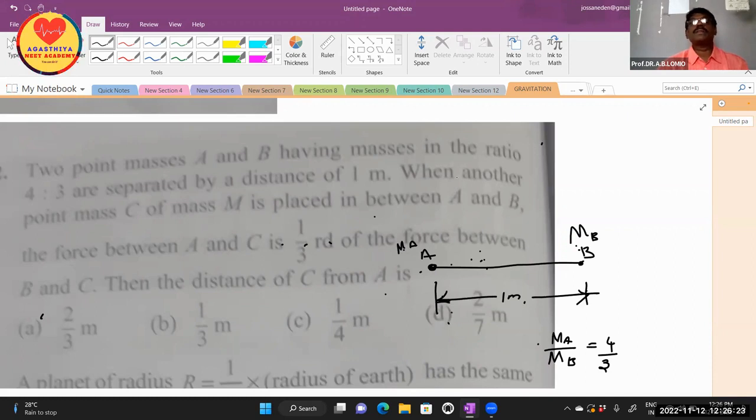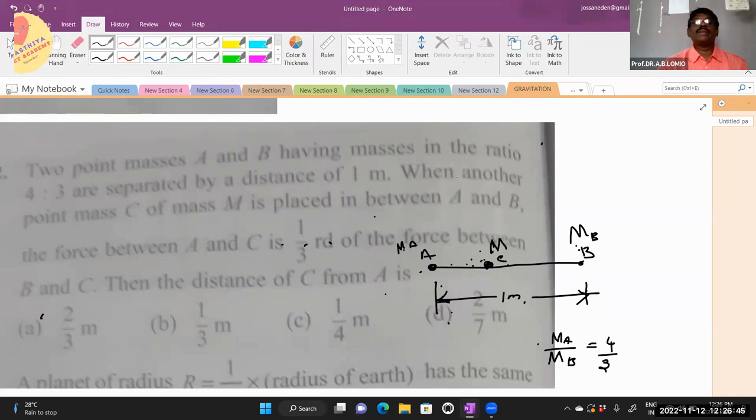When another mass C of mass capital M is placed between A and B, let us place this mass here at point C.